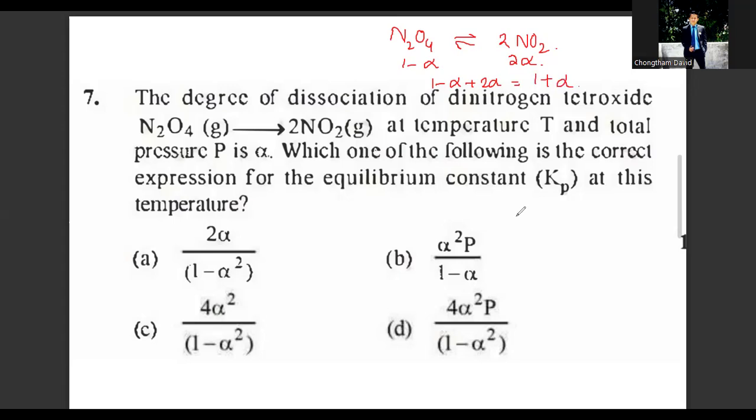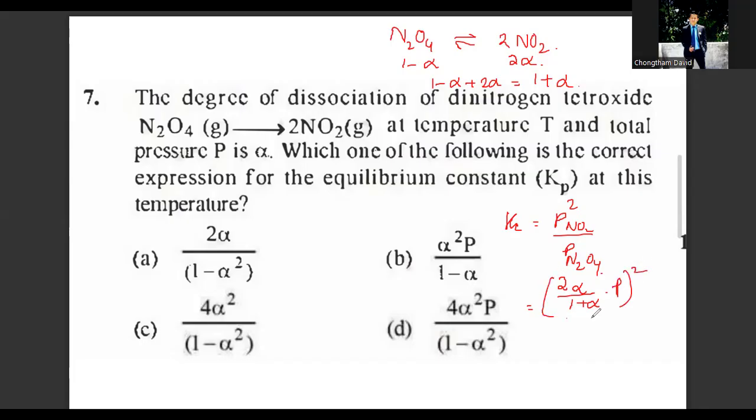Okay, let me write somewhere here because the space is limited. Partial pressure of nitrogen dioxide with respect to dinitrogen tetroxide. This is the law of chemical equilibrium in terms of partial pressure. Now, since it is given 2 alpha by 1 plus alpha, this would be the value. Multiply this with your pressure.